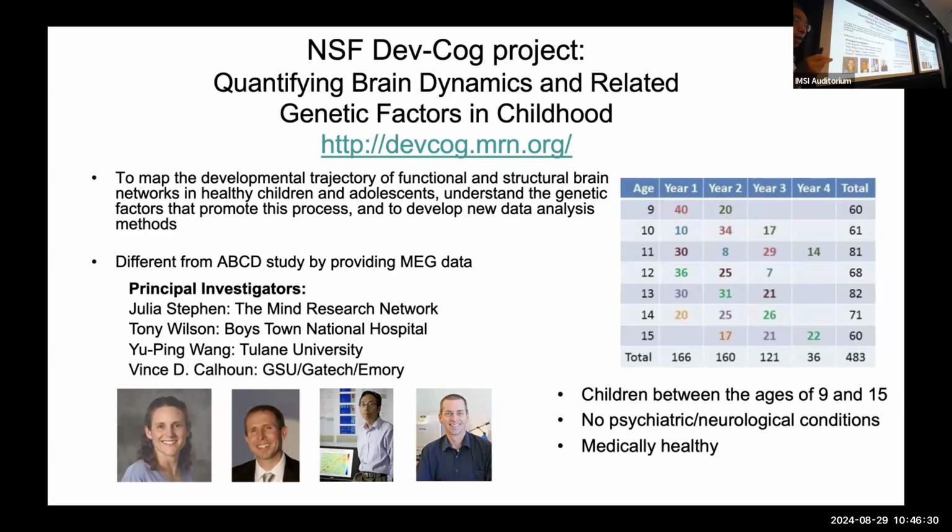We have their multi-modal brain imaging data, including MRI and MEG, and at the same time we also collect genomic and epigenomic biomarkers to understand the underlying genomic mechanism of brain development. This is a joint effort between 3 other states led by Wiz Hong, Julia Stephen, and Tony Wilson.